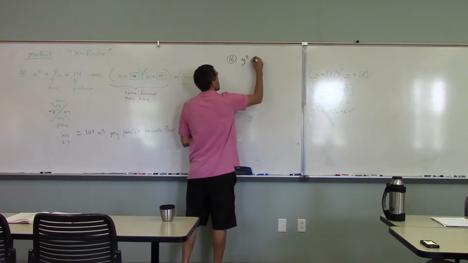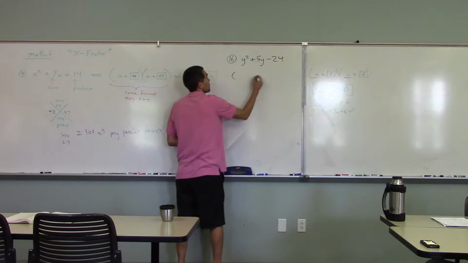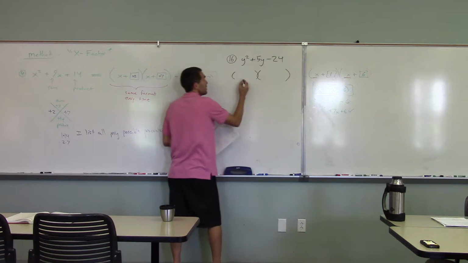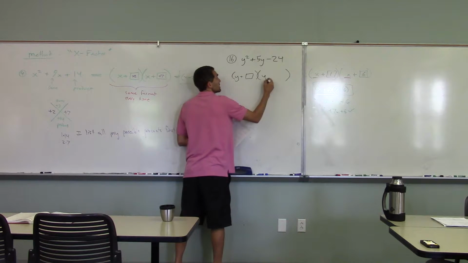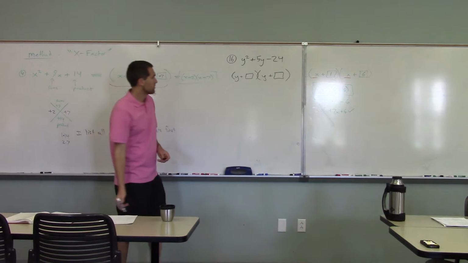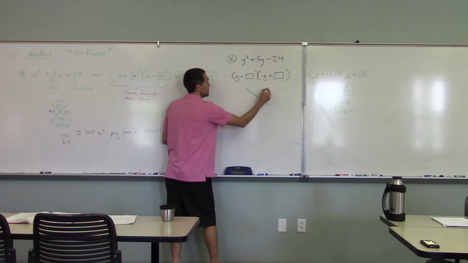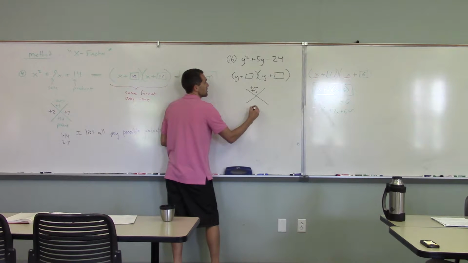So y squared plus 5y minus 24, so what's my general format here that I start with? Y plus something. Yeah, exactly. So we know our answer is going to look like that, okay? So what's our sum? 5. Yeah, and what's our product? Negative 24. Yeah.